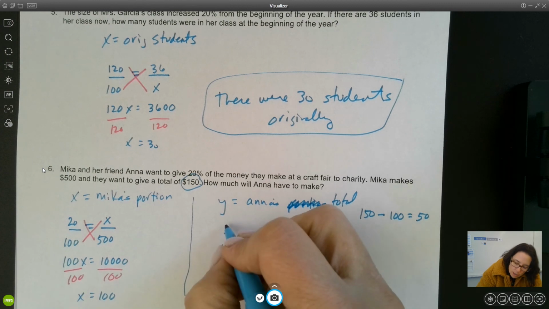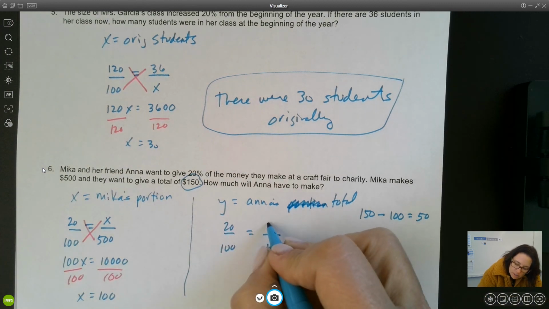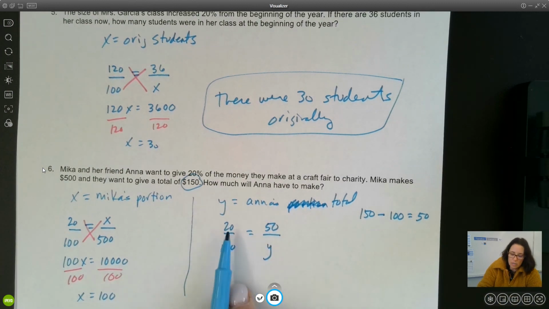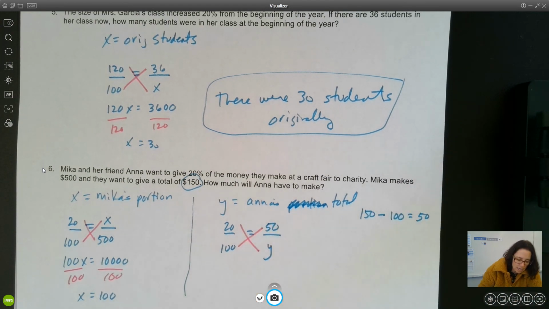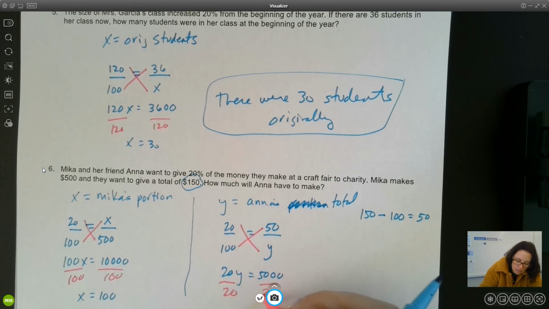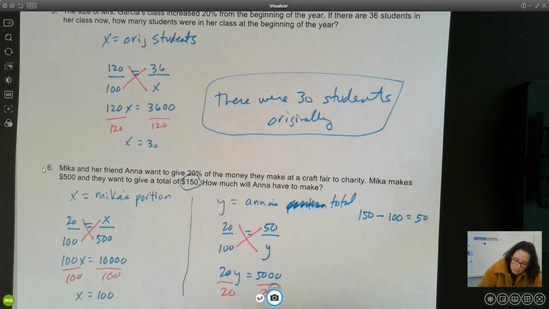Okay, we know that 20% for Anna is $50. We're trying to find out how much she needs to make in order to get that $50. So 20Y equals 5,000. Divide by 20, and you get 250.